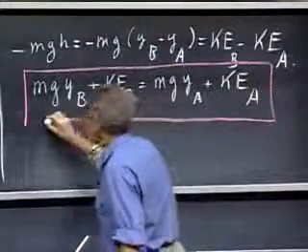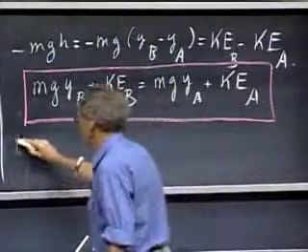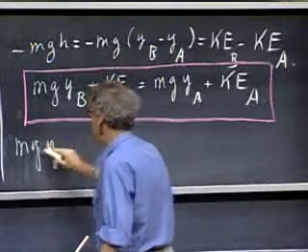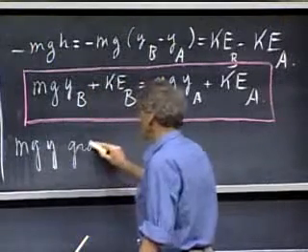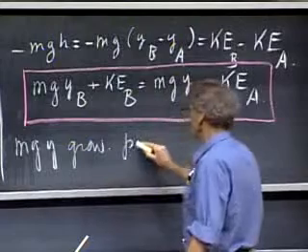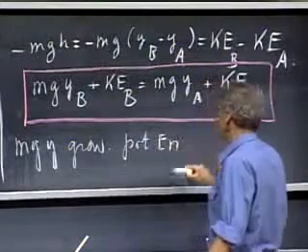We call mgy, we give that a name, and we call that gravitational potential energy.